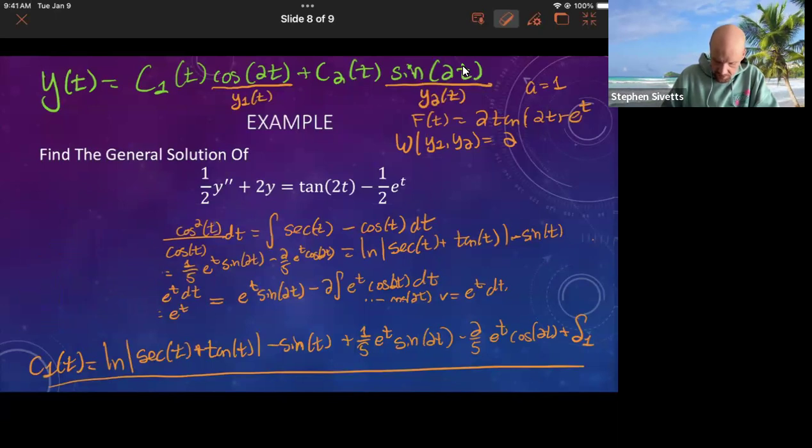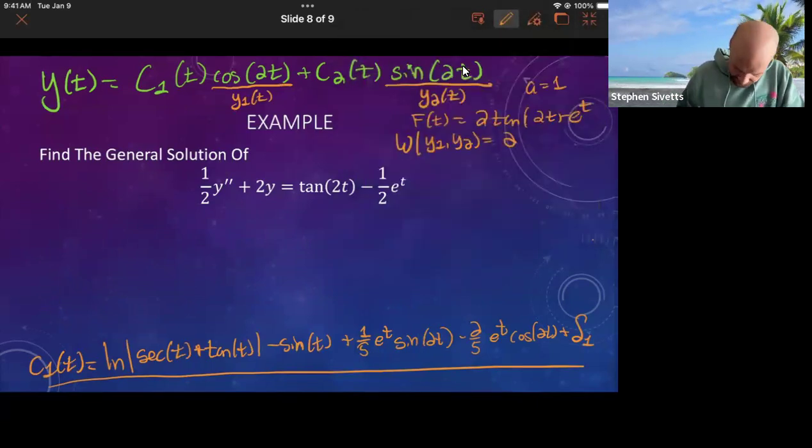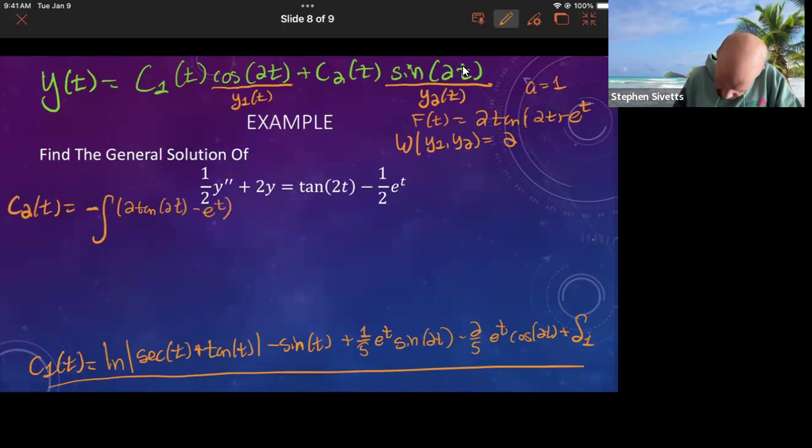Let me clean all this up. So C2 would equal negative the integral of the function f, so 2 tangent of 2t minus e to the t times y1 of t.